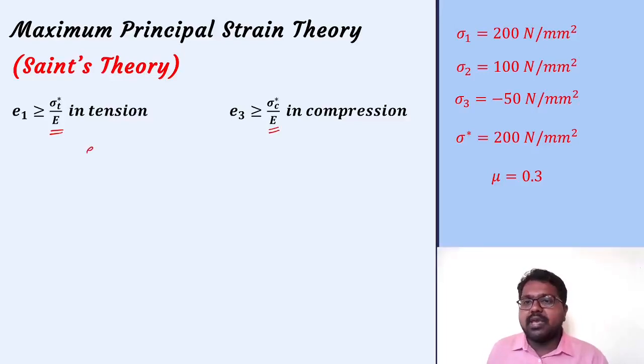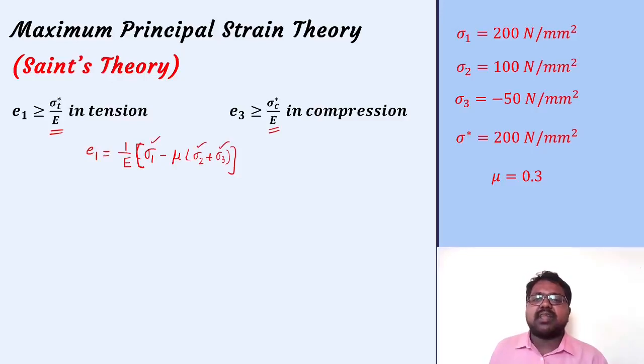So we have here e1, which is nothing but 1 by E into sigma 1 minus mu into sigma 2 plus sigma 3, where sigma 1 is the longitudinal stress and sigma 2 and sigma 3 are lateral stresses.